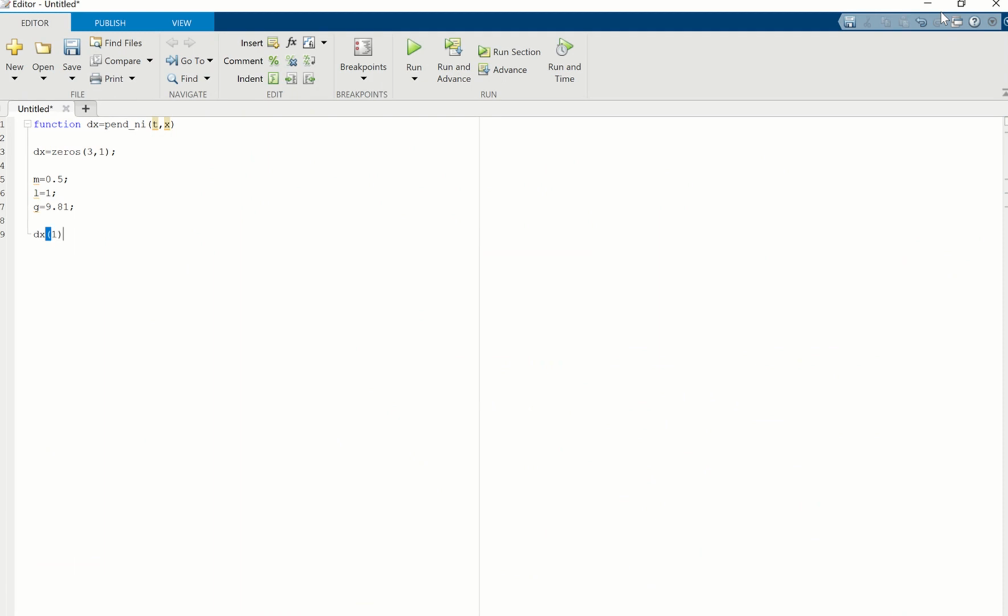So dx1, as we said, is x2. dx2 is equal to 1 over mL squared, as you saw in theory, multiplied by U, the controller, plus mgL times x1. That's right, and this is what it is.